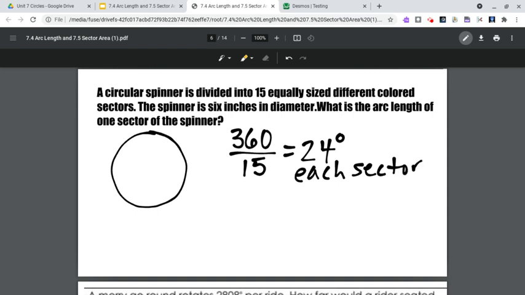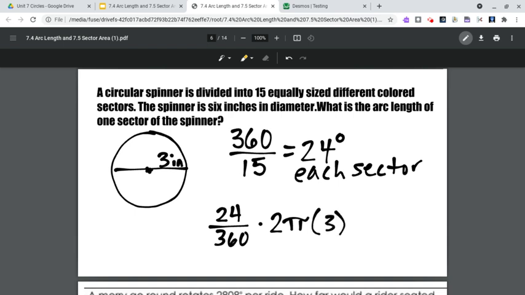The spinner is 6 inches in diameter, which means that the radius is 3 inches. To find the arc length of one sector, I'm going to go degree over 360 times 2 pi r.